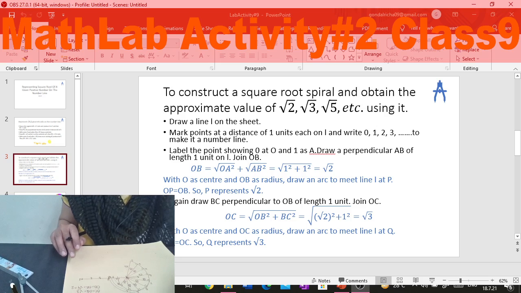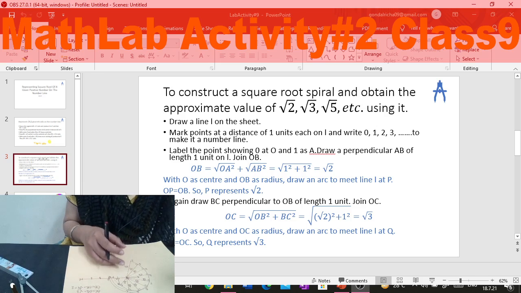And thanks to the ancient Greek mathematicians, the Pythagoreans, who found this design, they discovered the existence of another kind of numbers, irrational numbers.